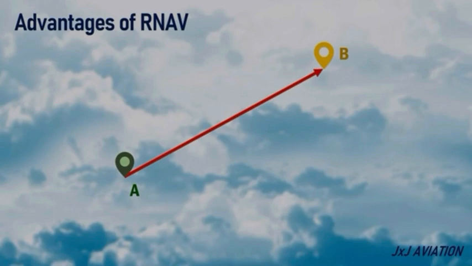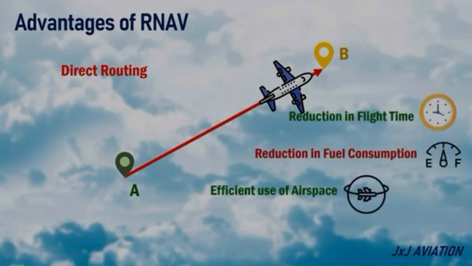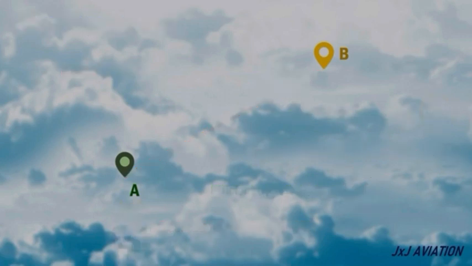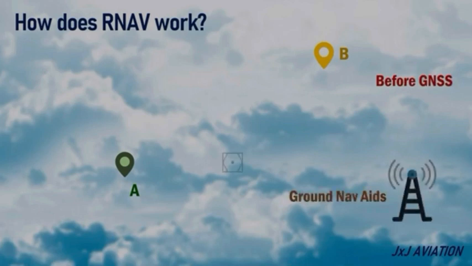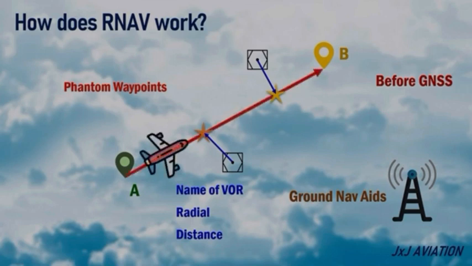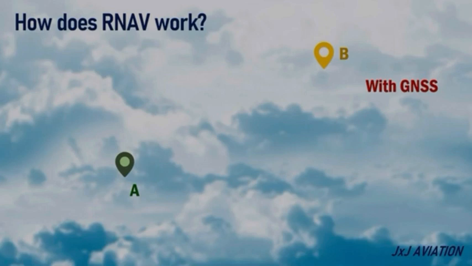So applying the PBN will relieve us from having the sensor-based NAVAIDs on the ground, and relieve the controllers and the authorities who have the airspace and the area under their control from spending plenty of money to keep those sensors active, because a VOR or NDB is not such a unit that, once installed or put in a specific place on the ground, you can leave it alone. It will work continuously 24 hours? No, it needs some maintenance. We need to spend money on them. So we are relieved from this while we perform the PBN rules and procedures.